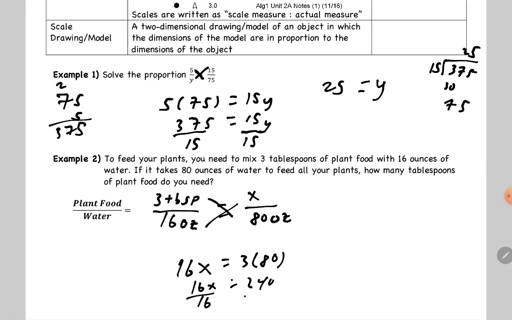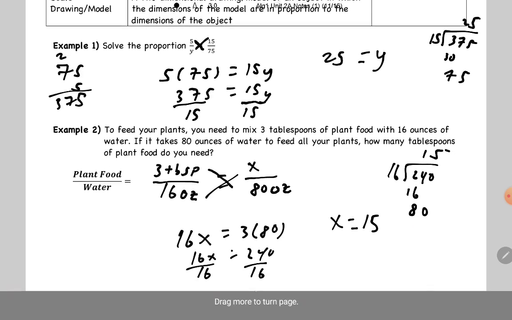Divide both sides by 16, and I'll get x equals 15. I think. Let me make sure. Yes.